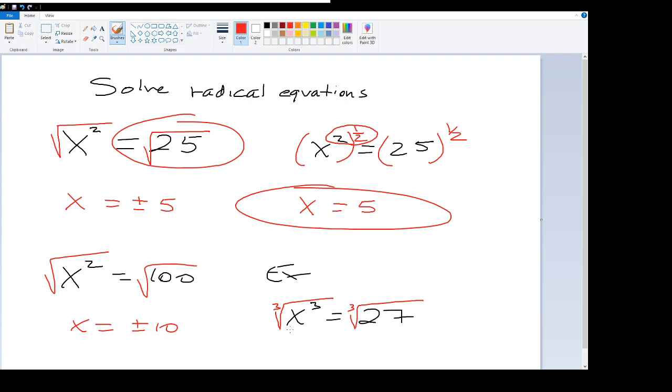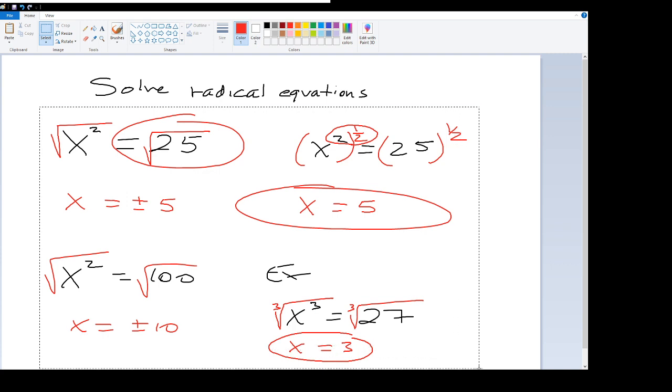Or we can raise everything to the 1/3, and this would be x is equal to the cube root of 27, which is 3, because 3 times 3 times 3 is 27. And we can apply this to any other exponent. It doesn't have to be a 2, doesn't have to be a 3, it could be anything else.